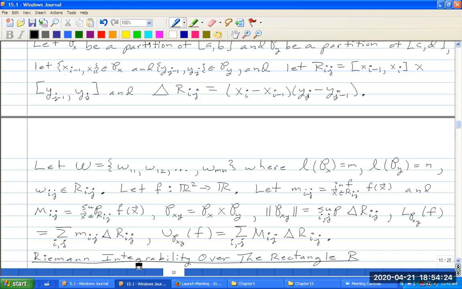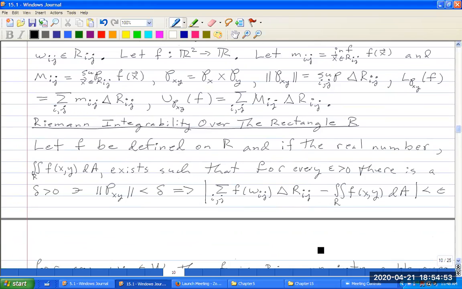Let the upper Darboux sum with respect to the partition of the variables x and y of f equal, again, the double sum over i and j of capital M sub ij delta r sub ij. So you notice that they're very similar to the upper and lower sums that we defined two minutes ago.